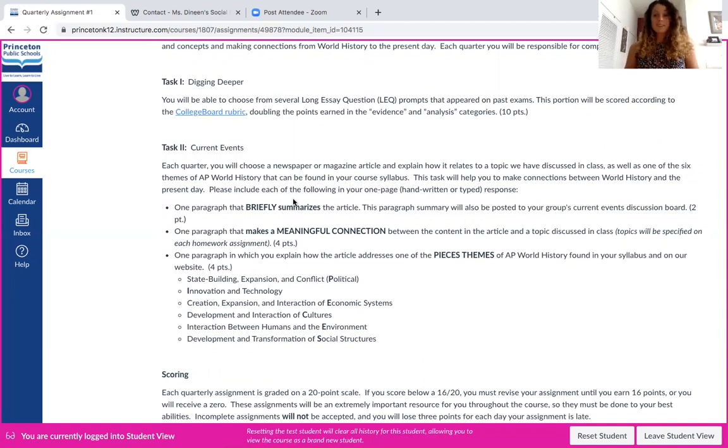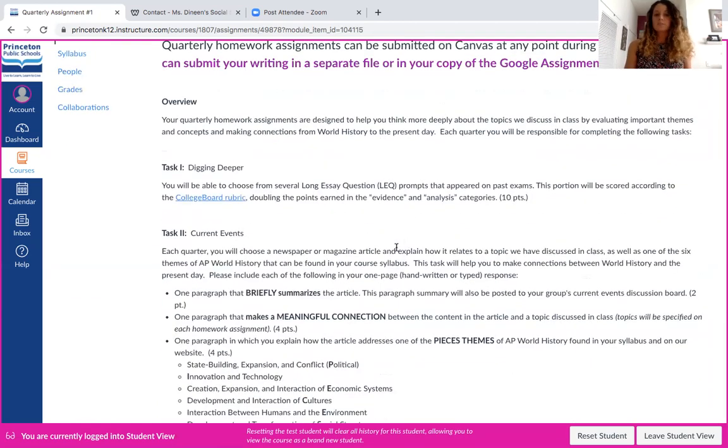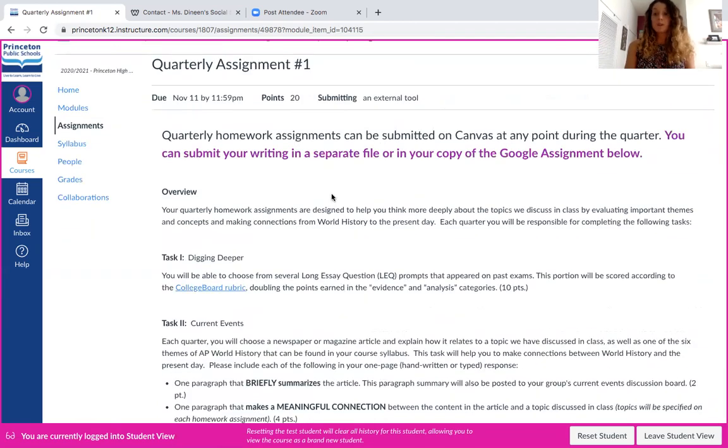In November of last year, actually, we had a lot of students writing about coronavirus before I had even heard of it. So the main idea is to provide students with an opportunity to look at events in the world around them within their historical context. This is also an opportunity for you to ask your children about what they're doing in AP World, because the current events they choose to write about, you will more or less have exposure to and be able to help them learn more about.